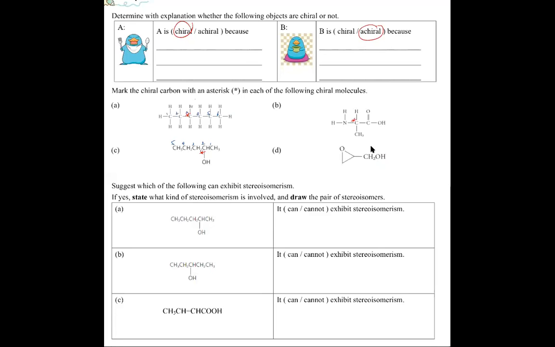So just a bit easier for us to communicate, I just randomly number those carbons. 1, 2, 3. So which carbon? For example, D. The first one.